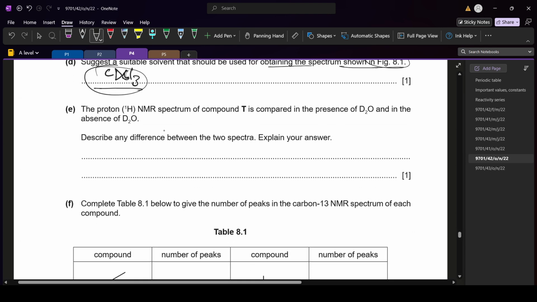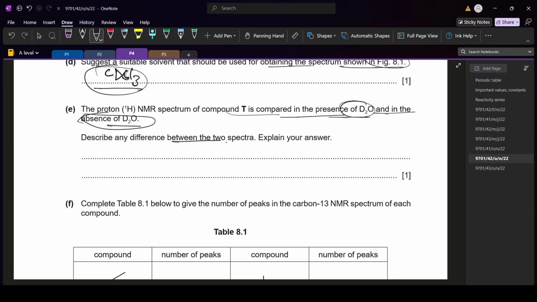The proton NMR spectrum of compound T is compared in the presence of D2O, which is heavy water, and in the absence of D2O. Describe any difference between the two spectra. Explain your answer.